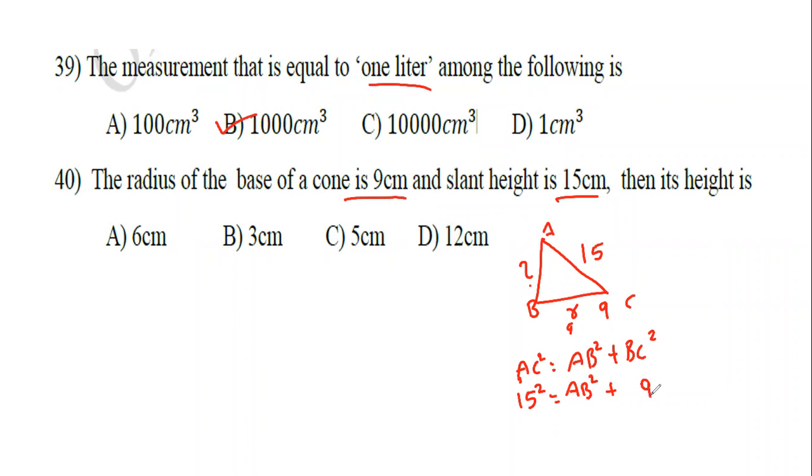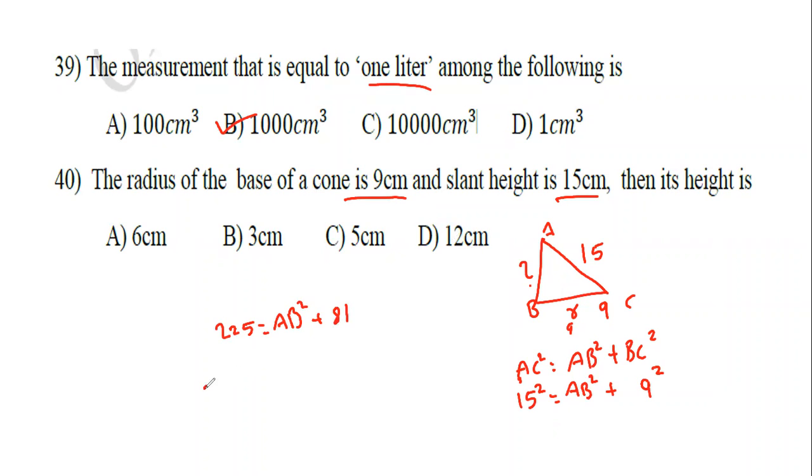15 15s are 225. So 225 is equal to AB square plus 9 9s are 81.